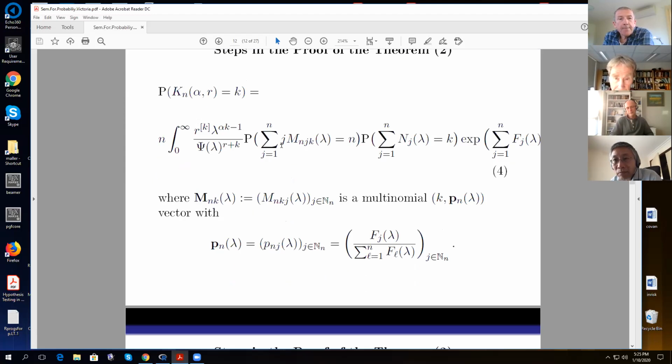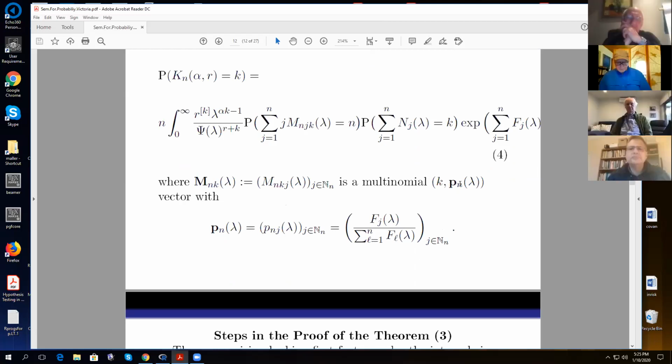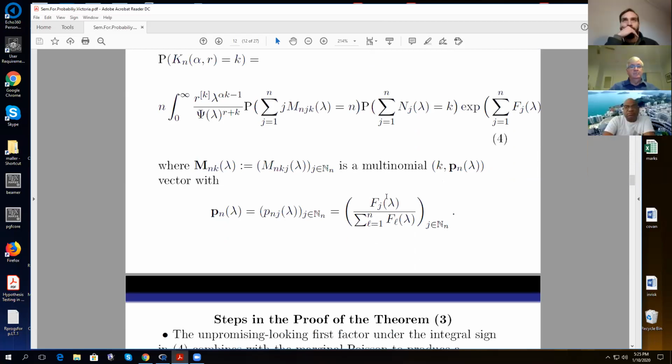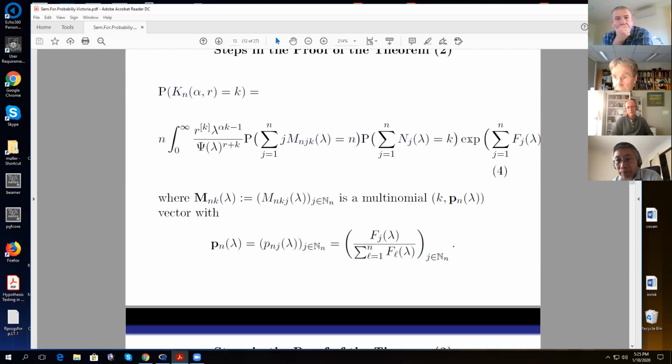So I now have a capital M coming in, where the summation of the Jms is equal to N. And this M is multinomial with parameters K and the probabilities corresponding to the Poisson probabilities, which are now normalized, and that was these Fj lambdas. And I still have my exponential here, and I still have my function in here.